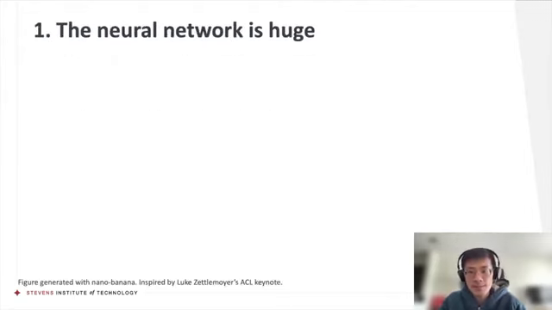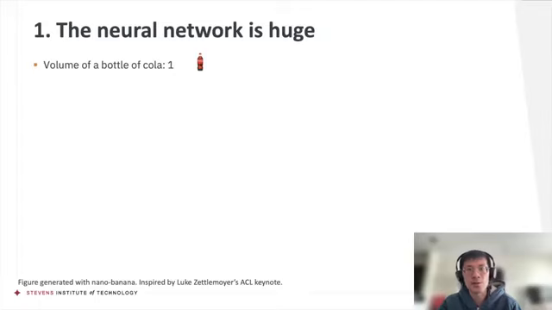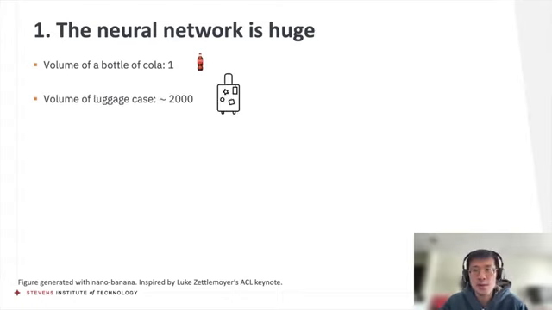Let me illustrate how large the neural networks are with numbers. People currently talk about model sizes in terms of billions, but without illustration, it's hard to imagine how large 1 billion is. So let me use this illustration. Imagine the volume of a bottle of Coke is 1. Imagine a luggage case. There are around 2,000 units of volume there.